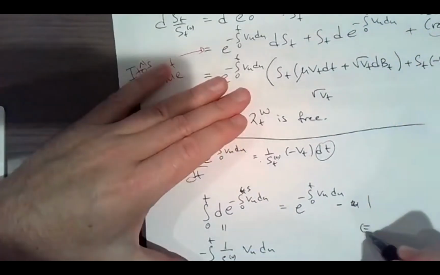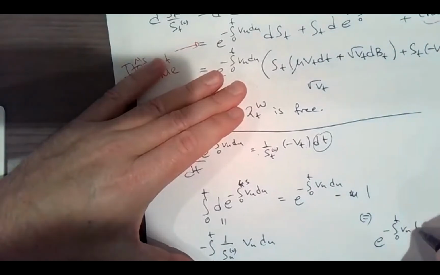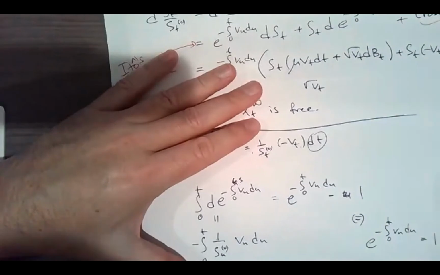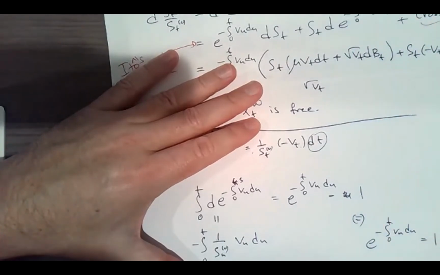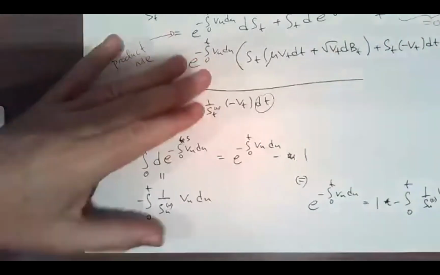All this stuff is saying is that this exponential is equal to 1 plus or minus an integral from 0 to t of 1 over Su Vu du.